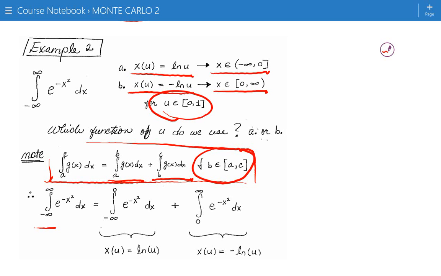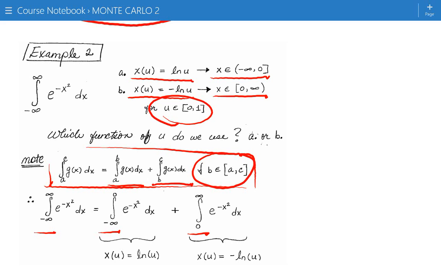So we will take our negative infinity to infinity, break it up into negative infinity to 0, and add it to 0 to infinity. And now we can do this, because if you look above, remember we can use the log of u or the negative log of u. We can get from negative infinity to 0, and we can get from 0 to infinity.